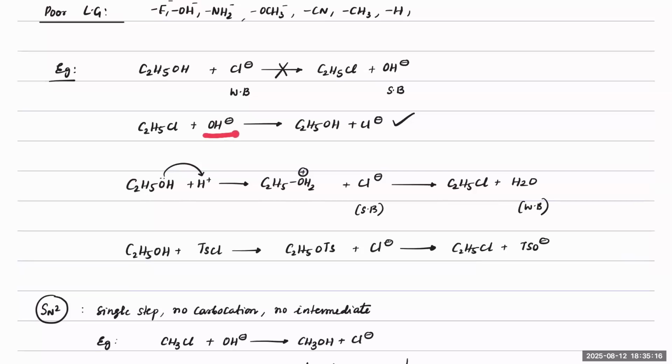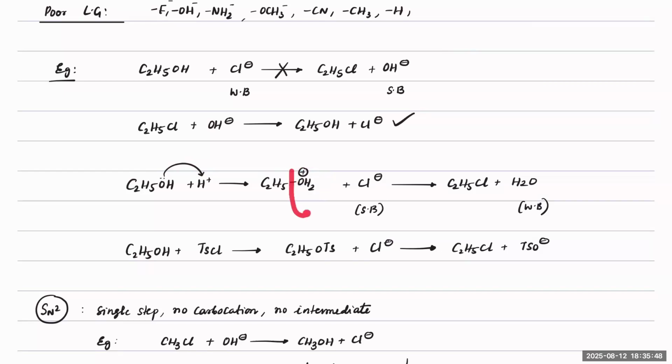That's why, if there is an OH minus to attack here, then I can gladly say that Cl minus will be replaced by OH minus and Cl minus will come out as a leaving group. But if I want to make this reaction happen somehow, instead of directly making Cl minus react, first I'll make the alcohol get protonated. On protonation, you will get OH2 plus now, correct?